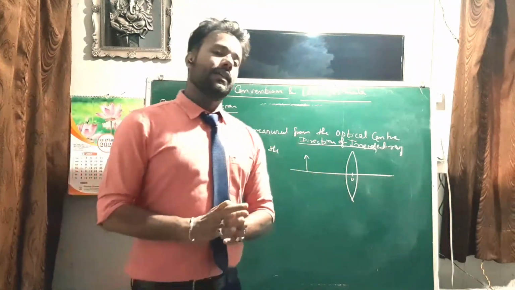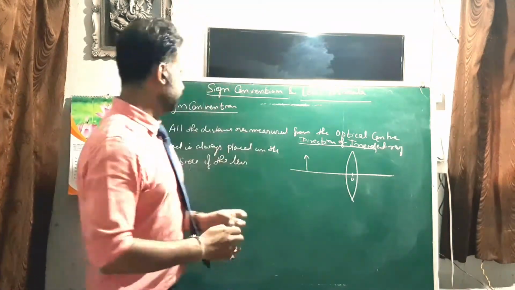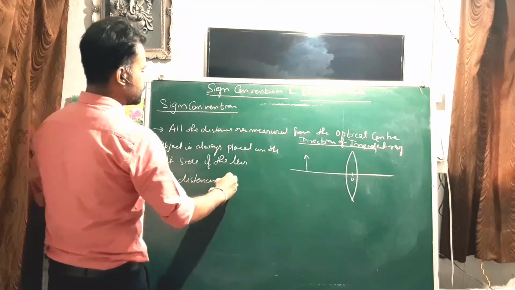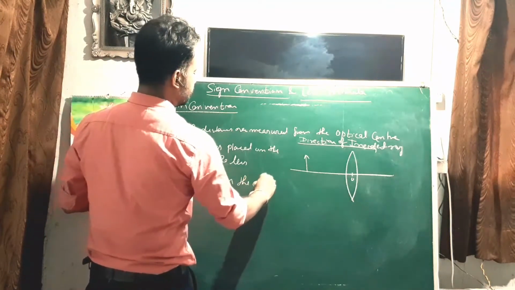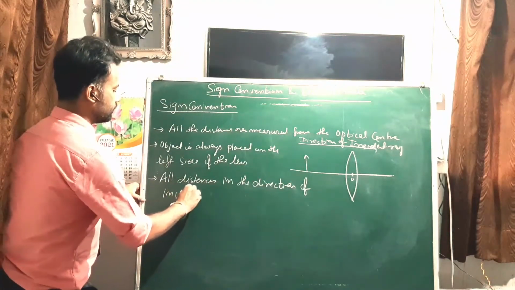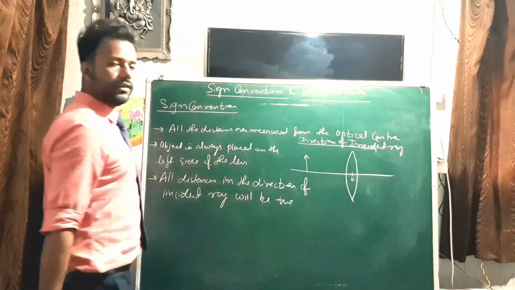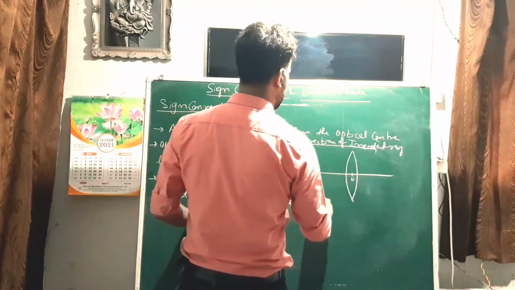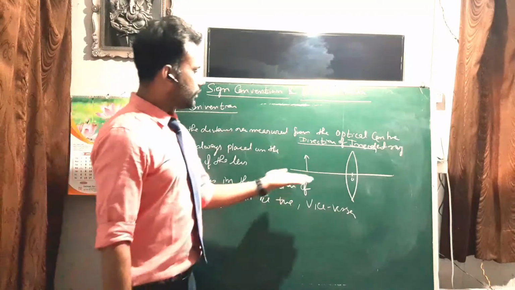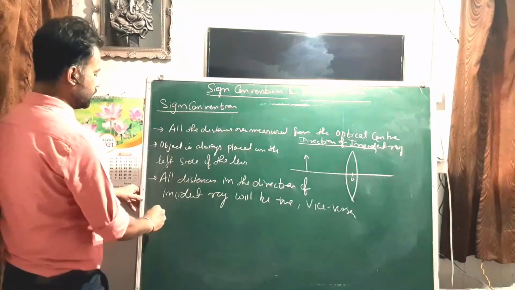So all the distances measured in the direction of the incident ray will be taken as positive, and vice versa, that means opposite to it, will be negative.